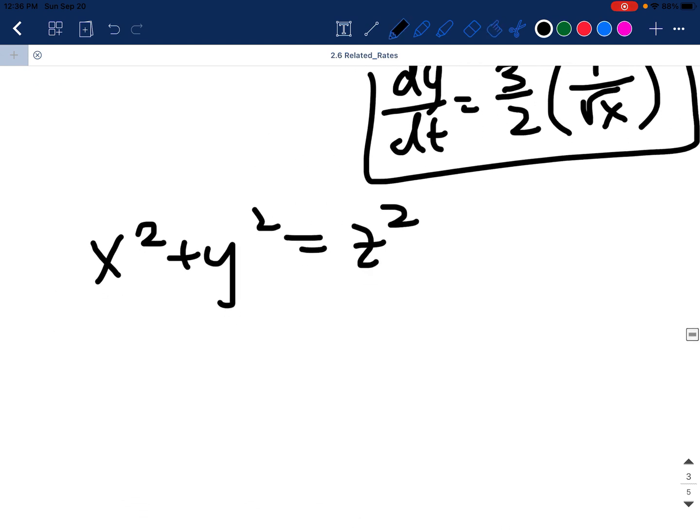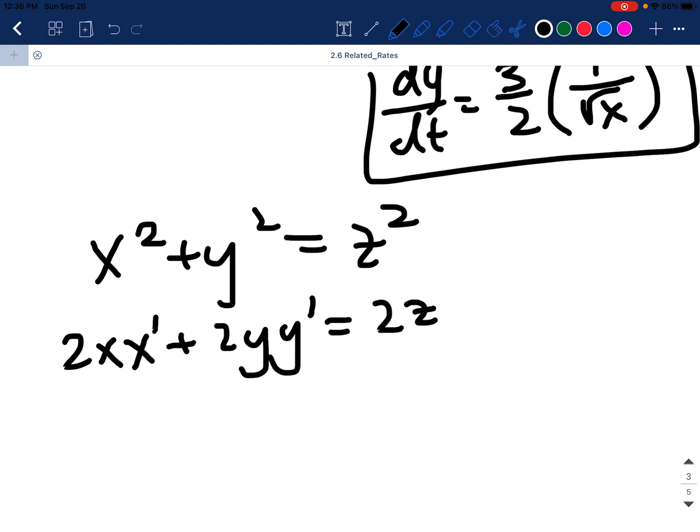So we'll get 2x x' plus 2y y' equals 2z z'. I'll use the prime notation for this. So again, if you want to shorthand with prime notation, that's fine. And the 2's will cancel again, so we get that convenient cancellation. And then we want to solve for z'.